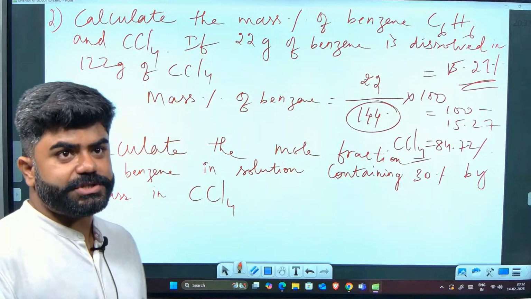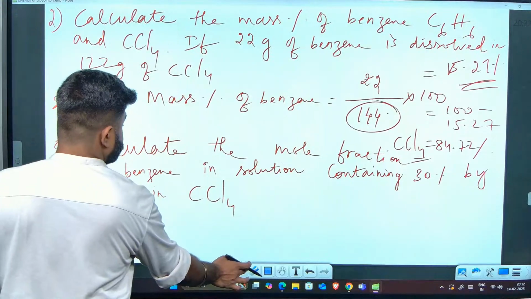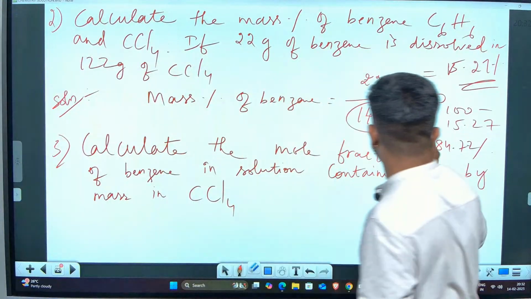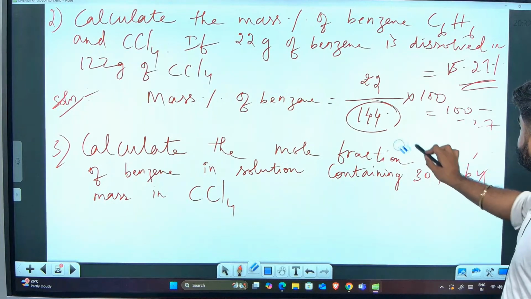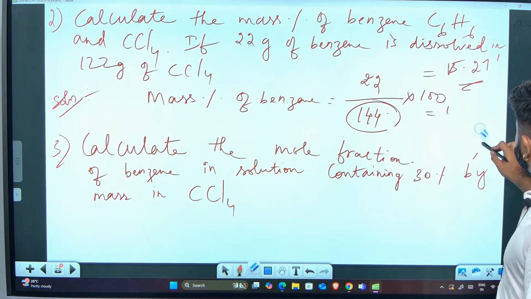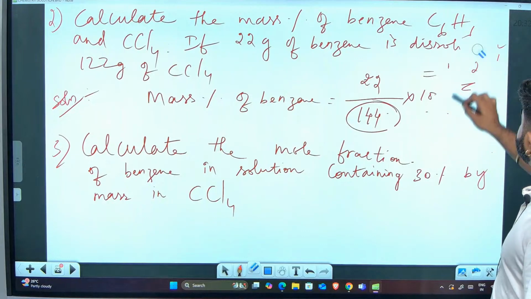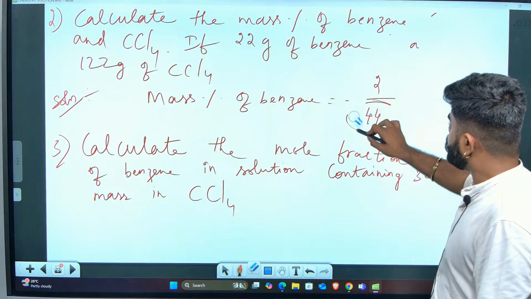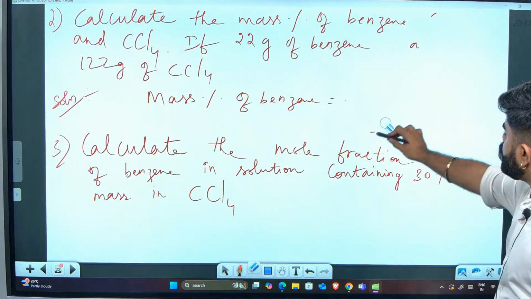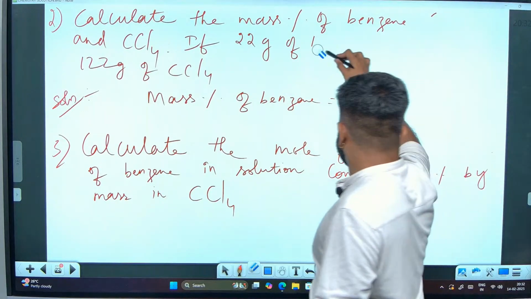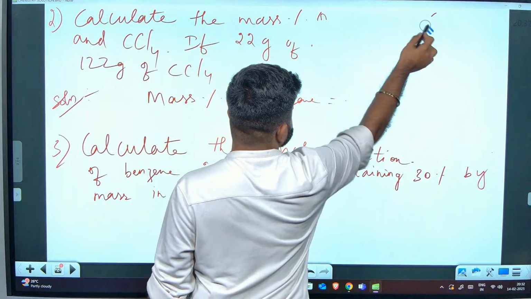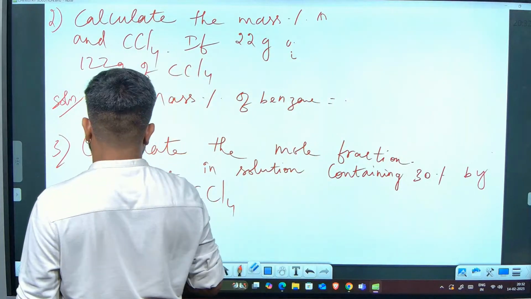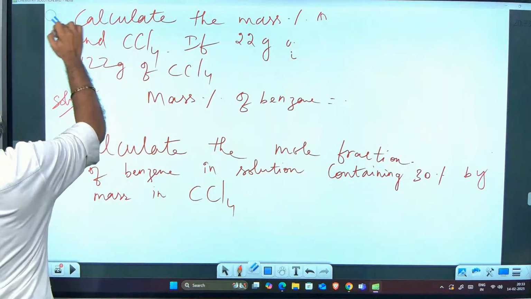This is the next question. I'll erase the previous question. So you are supposed to calculate the mole fraction of benzene in solution containing 30% by mass in carbon tetrachloride.